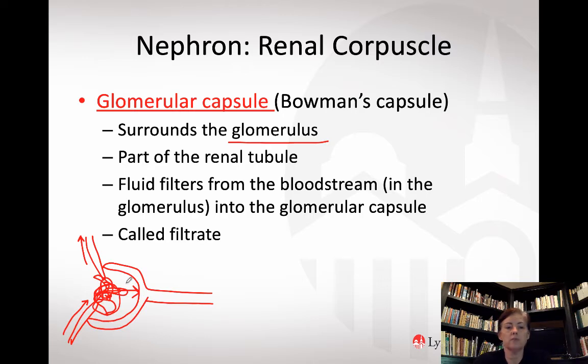So this fluid that gets pushed into Bowman's capsule and starts to travel down the renal tubule is called filtrate, and that's what we talk about there.